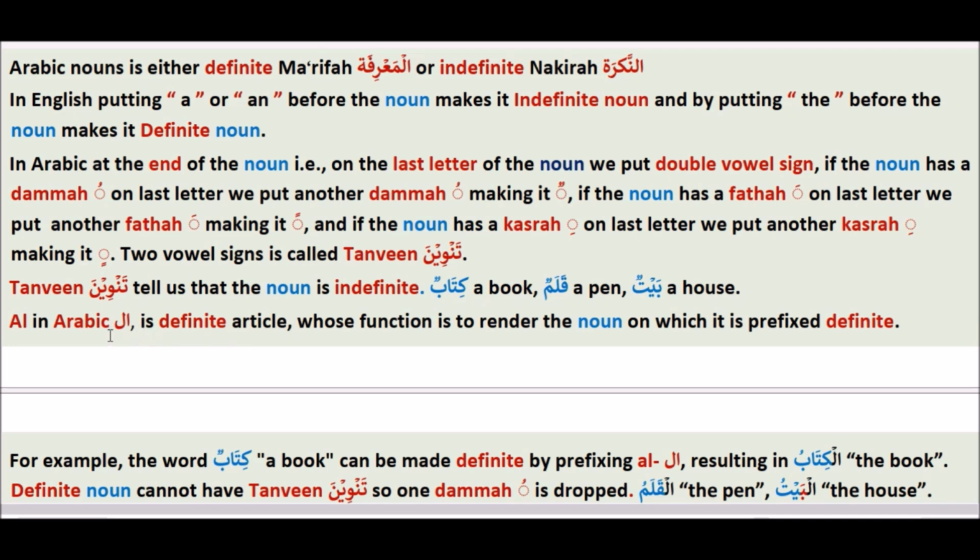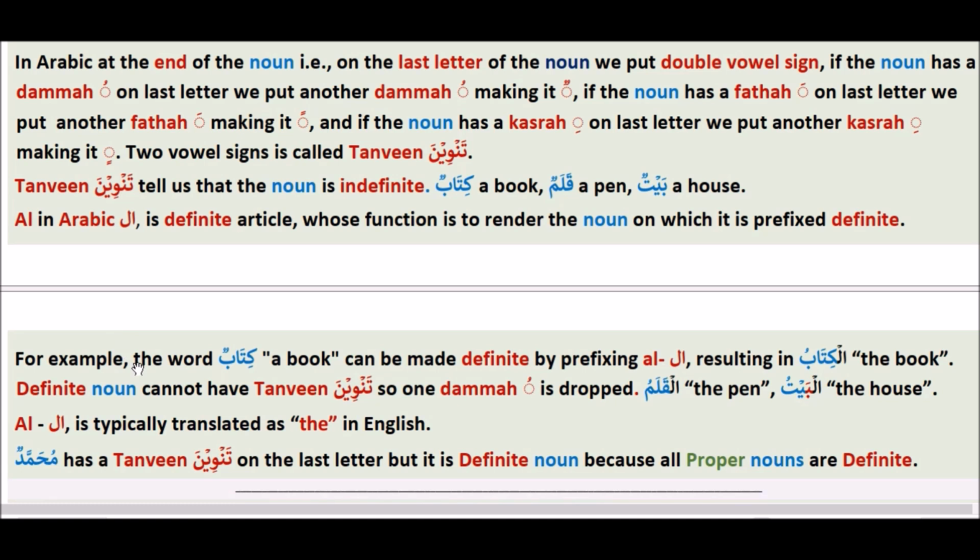In Arabic, if you add al before the noun, that is you prefix it to the noun, then the noun becomes definite. For example, the word kitabun can be made definite by prefixing alif lam, that is, it will become al-kitabu, and now you will say the book.